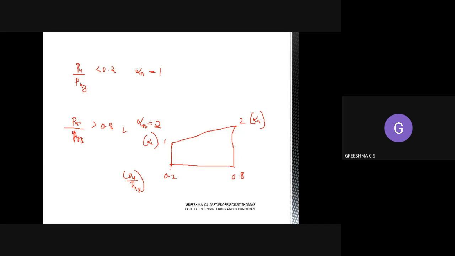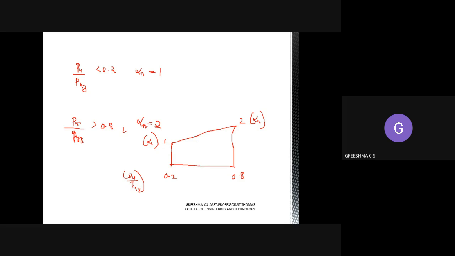That is, if Pu divided by Pu set value is less than 0.2, alpha n will always be 1. If it is greater than 0.8, alpha n value will be 2. If it is between 0.2 and 0.8, you have to interpolate the alpha n values and find out the corresponding value.